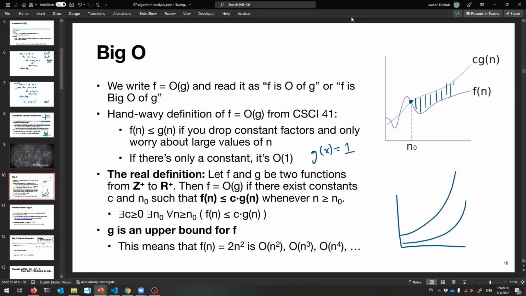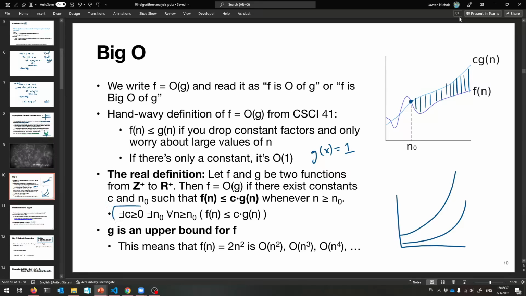There is a point from n naught onwards that c times g of n always wins, so that lets us know that c times g is bounding above f. F is bounded above by g with this appropriate constant, okay? So technically, maybe g of n really is down here, but multiplied by that constant, it gets moved up, and it always wins compared to f, okay?